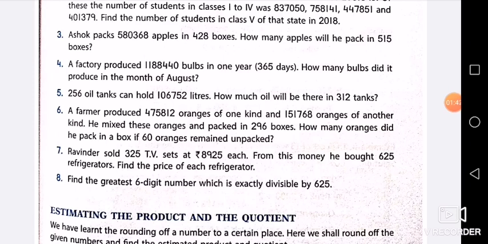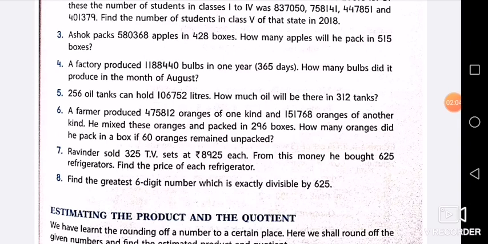Now, what is given in the question? It is given that the number of bulbs produced in 1 year. Now children, as you all know, 1 year is equal to 365 days.